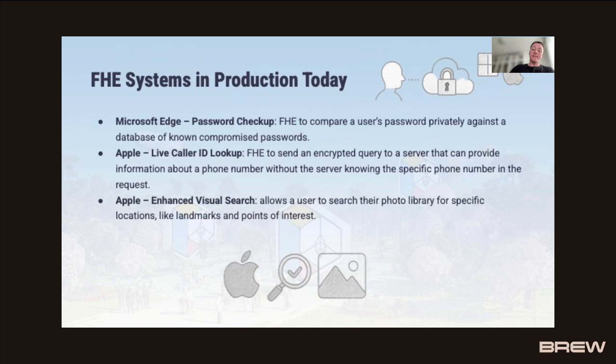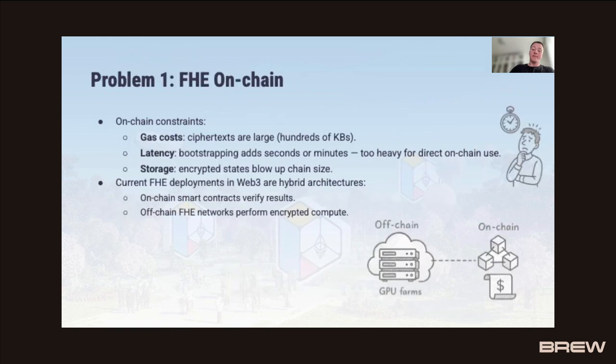But these are all FHE use cases in Web2, and Web2 is actually quite simple compared to Web3 for FHE. Because in Web2, in cloud use cases like the previous ones, FHE protects users from a single service provider, and computation happens on a single server or perhaps in a single data center, and only the user holds the secret key.